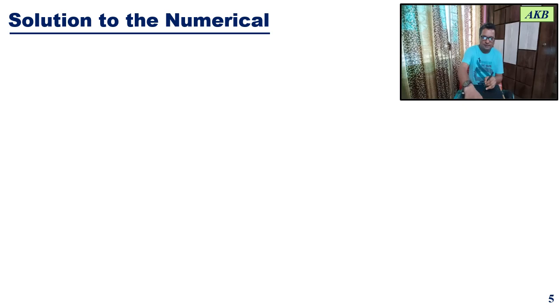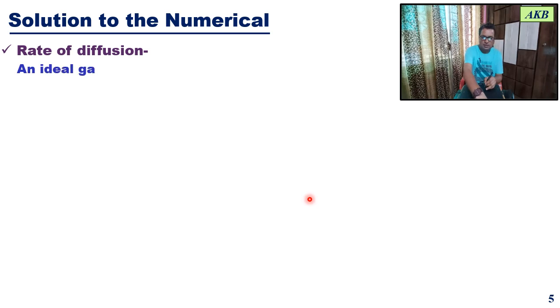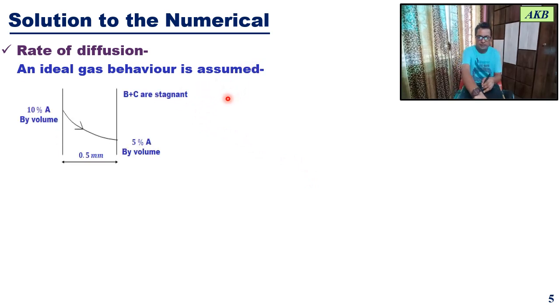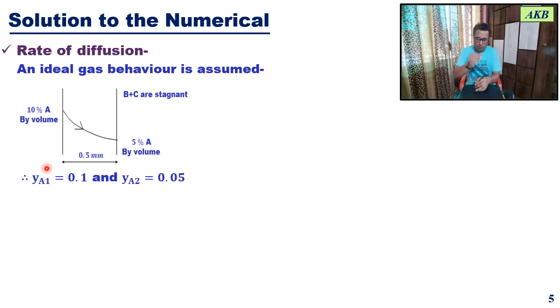So on this slide, we have understood which equation is to be used. Again, we have already done this. We have assumed ideal gas behavior. I am taking the schematic of the diffusion process on this slide for our reference. So YA1 is 0.1. Now why it is 0.1, you must have understood it, or I will explain it. On the high concentration plane side, concentration of A is 10% by volume.